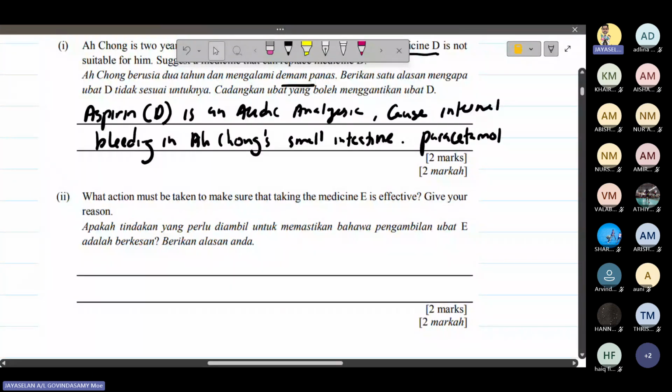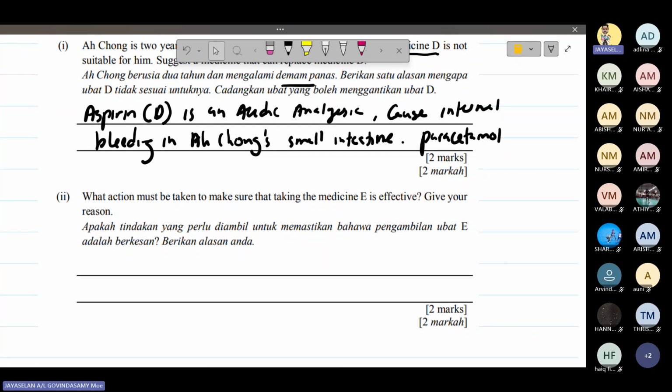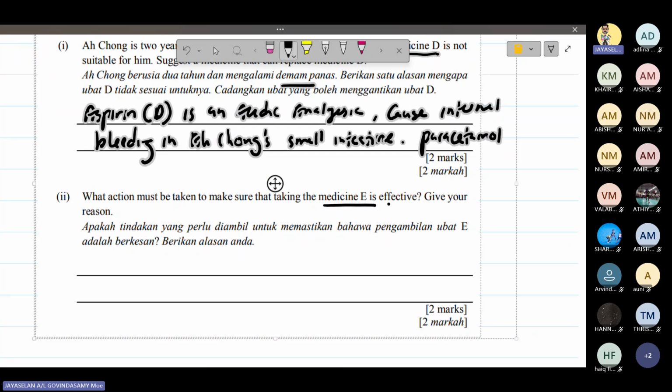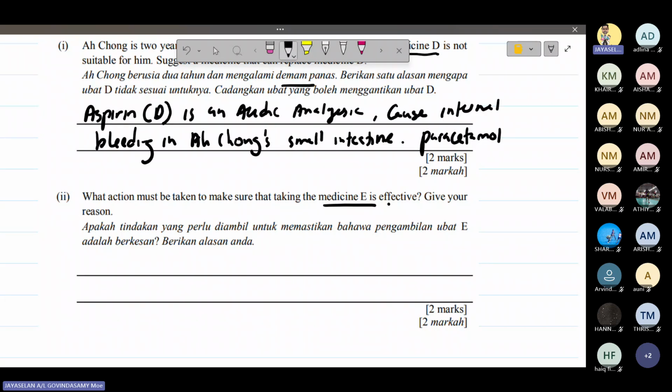This type of question cannot get wrong. What action must be taken to make sure medicine E is effective? Give your reason.